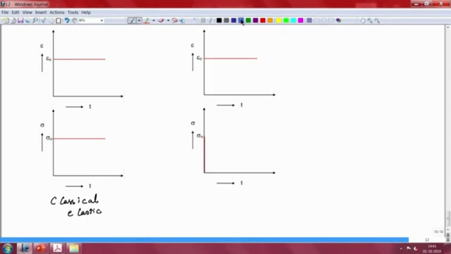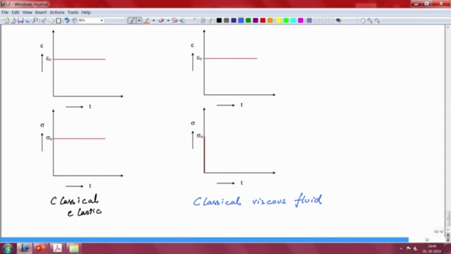So, this is your classical viscous fluid. When a known amount of strain is applied, the stress required to create that strain requires an instantaneously high stress.